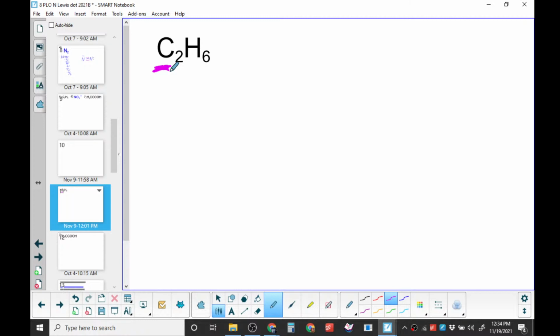We have some literal models, but that's not good for this, even though these are smaller. So here is C2. How many electrons are in 2 carbons? 8. So I have here 2, 4, 6, 8.